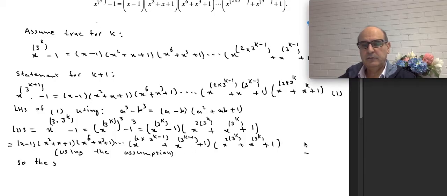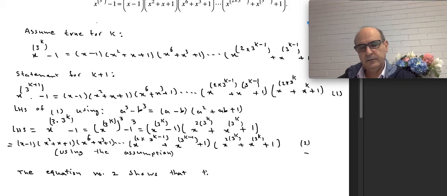We call this equation 2. A better way of putting that: equation number 2 shows that the statement is true for k plus 1.